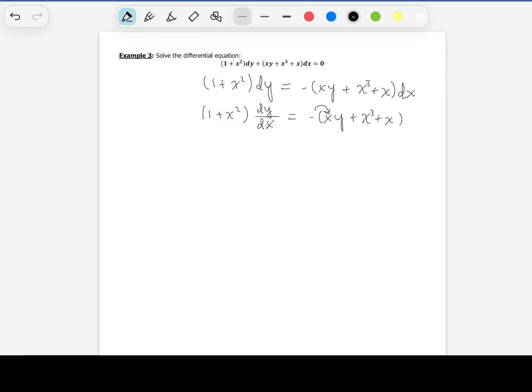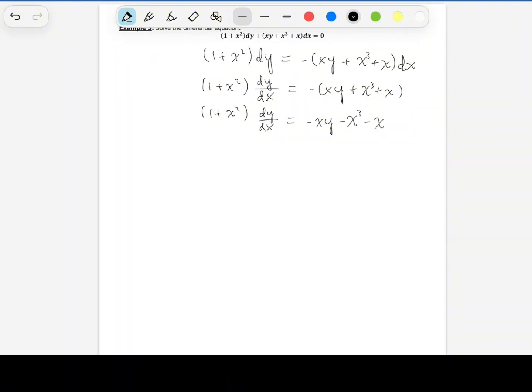And now I want to distribute this negative sign to everybody here. So let's go ahead and do that. 1 plus x squared dy dx equals -xy minus x cubed minus x. So now I'm going to move the -xy over to the other side.